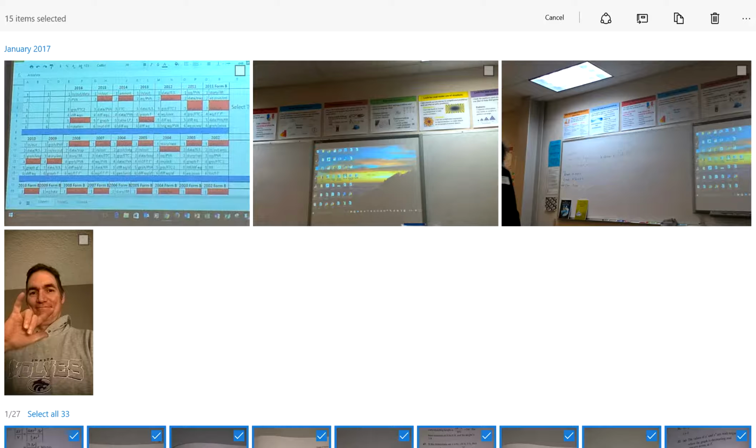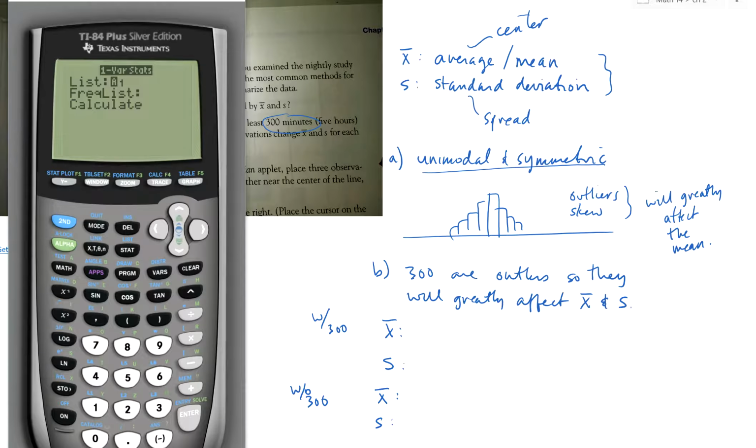As I go on here, see, look, there's my picture that I sent home to my family, when I was on a trip this weekend. So frequency list is 1. It's on alpha lock. I'm getting used to this calculator on my screen here. Turn off the alpha lock, put 1.